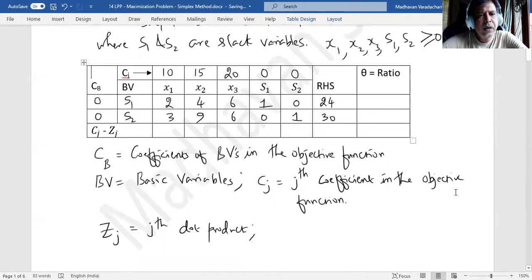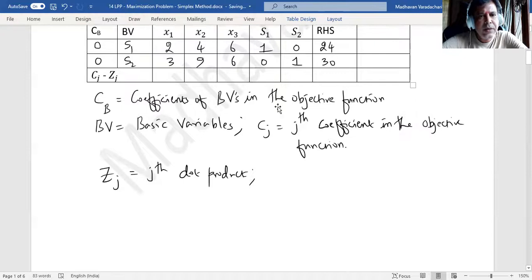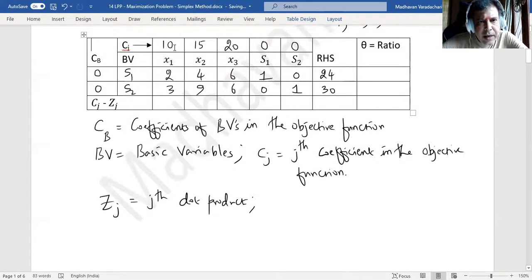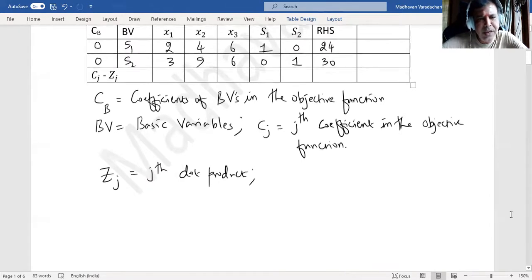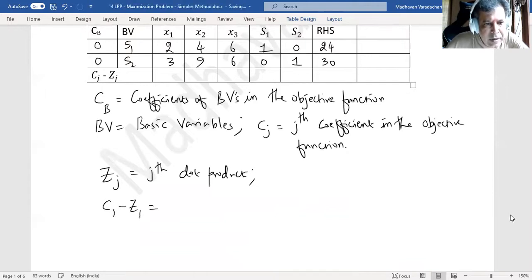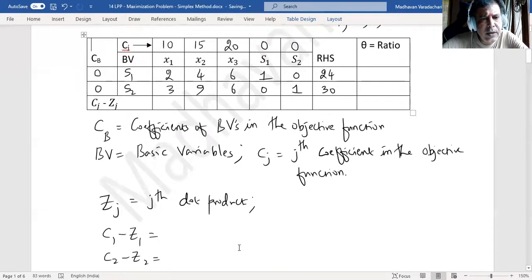Now we will calculate what is called Cj minus Zj. Since there are 5 columns, you have 5 Cj minus Zj values: first C1 minus Z1, then C2 minus Z2, then C3 minus Z3. Let us calculate.